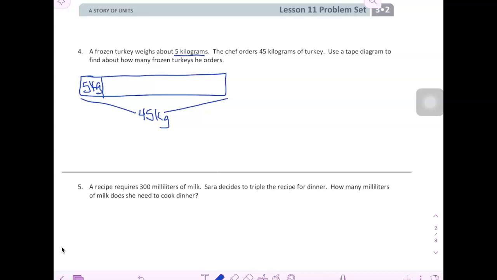So I'm going to keep counting by fives until I get to my total of 45. So there's 5, 10, 15, 20, 25, 30, 35, 40, 45. So what I did there was I had 45 kilograms divided by 5 kilograms for each turkey, and that gives me a total of 1, 2, 3, 4, 5, 6, 7, 8, 9 turkeys.